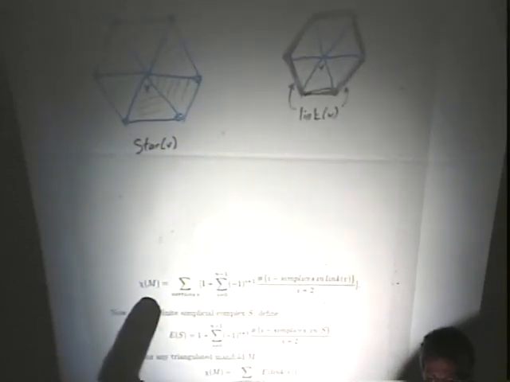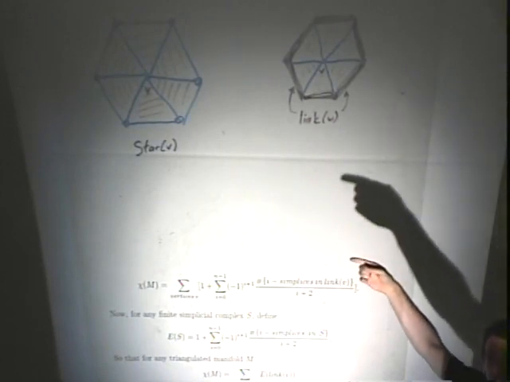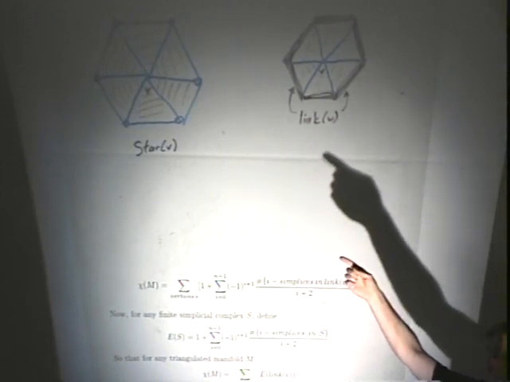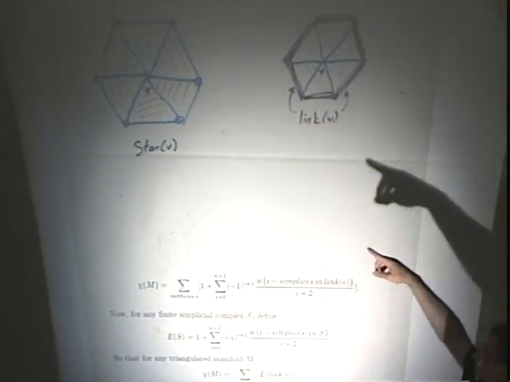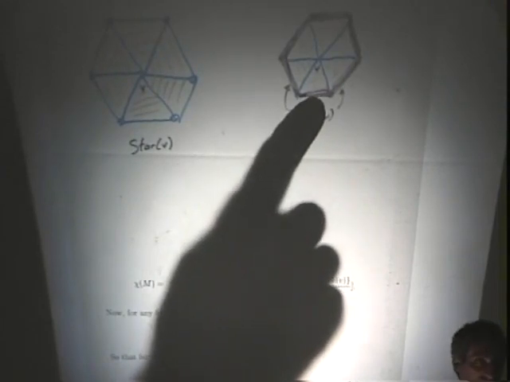Okay. And I claim that this formula is the same as the formula I wrote before. Right? And why is that? Well, we want to count, for example, an i simplex in the complex with a (-1)^i. Well, an i simplex in the complex shows up as an i minus 1 simplex in the link.